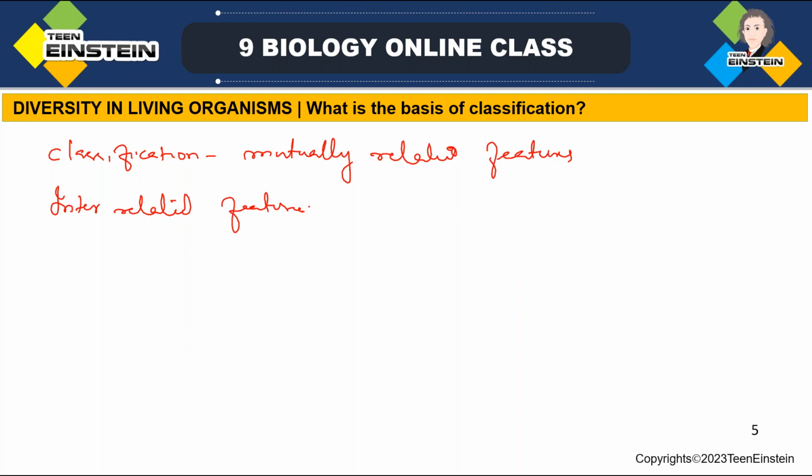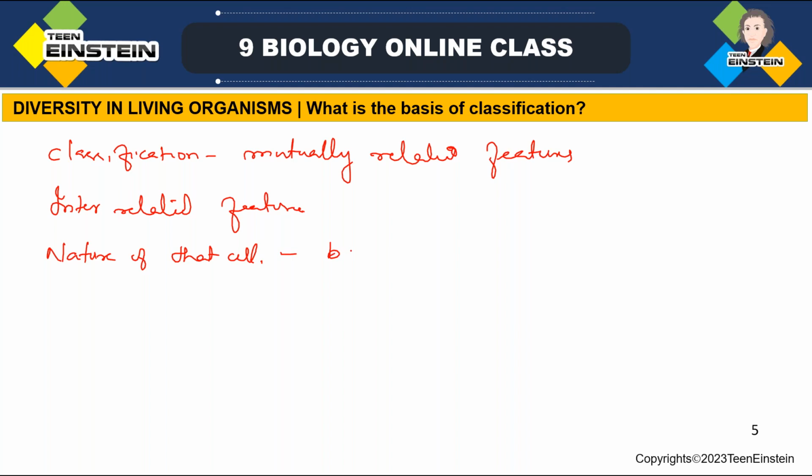We are concentrating like we can start from the nature of the cell, which is the basic unit. So in order to classify all living organisms, the features or characteristics for the classification start from the nature of that cell.